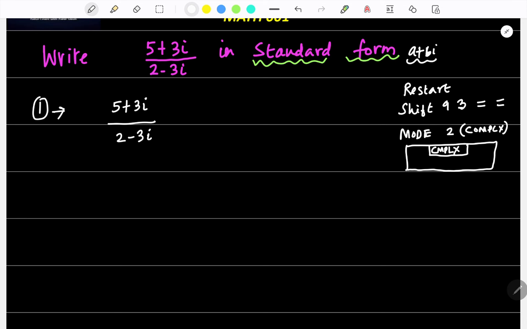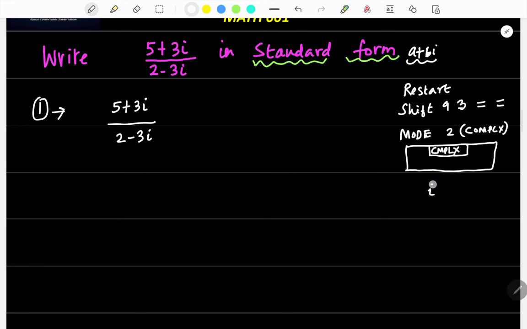Once it is ready, you know where is i? You just see the key ENG. There is a key called ENG; you press that key and you will get i. So step number 1 is you multiply by its conjugate. The conjugate is 2 plus 3i divided by 2 plus 3i.